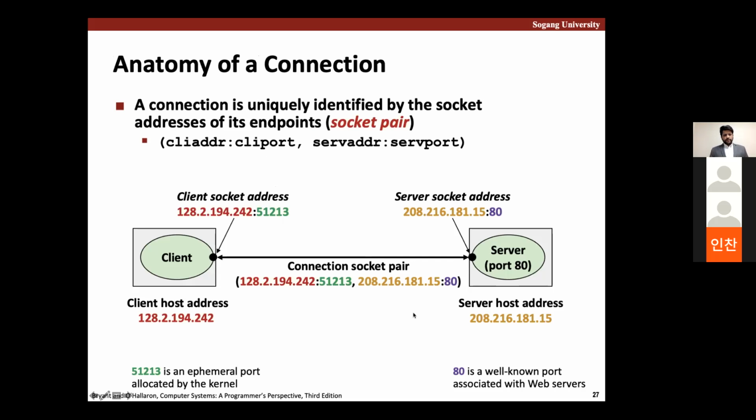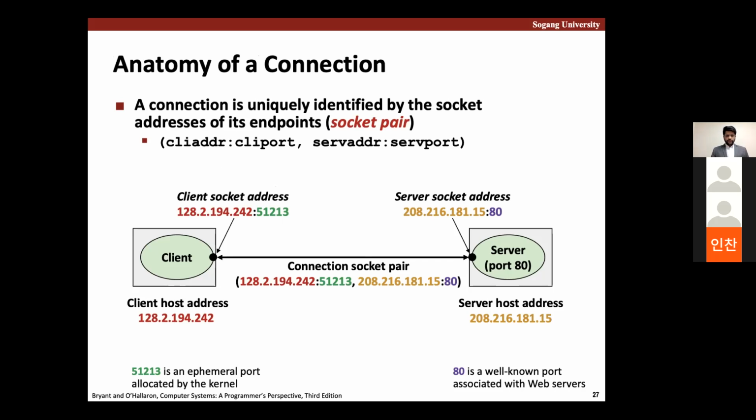Okay, what is the anatomy of a connection that we have been talking about all along in the lecture? We are going to build a connection. So what does the connection look like when we unbox it? A connection is uniquely identified by the socket addresses of its two endpoints.